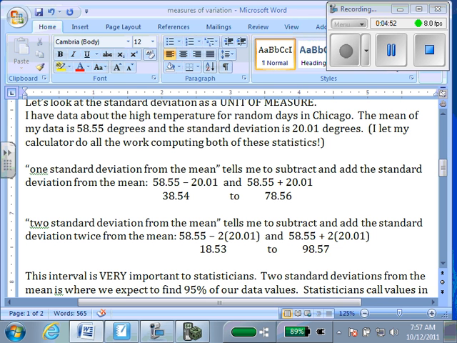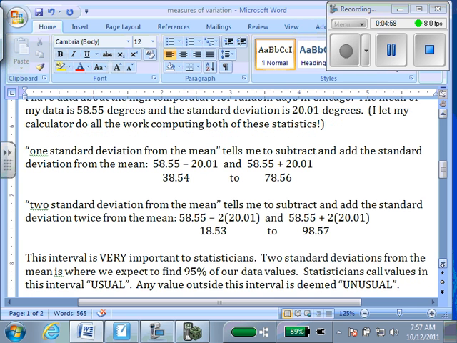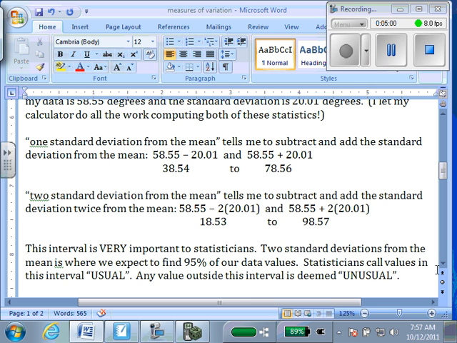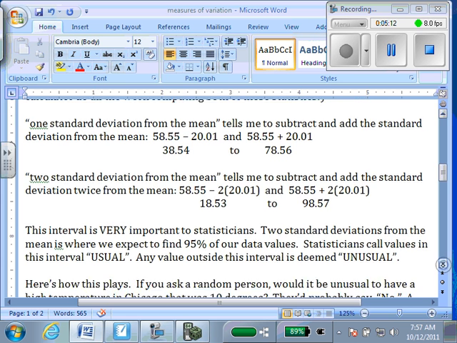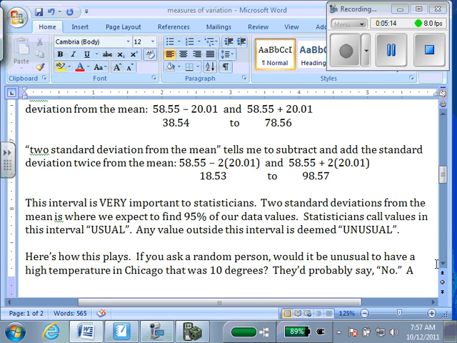This particular interval, 2 standard deviations from the mean, is very important to statisticians. It is where we expect to find 95% of our data values, and statisticians call the values in this interval usual. So any value outside of this interval is deemed unusual. Here's how this plays. If you ask a random person, would it be unusual to have a high temperature in Chicago that was 10 degrees?